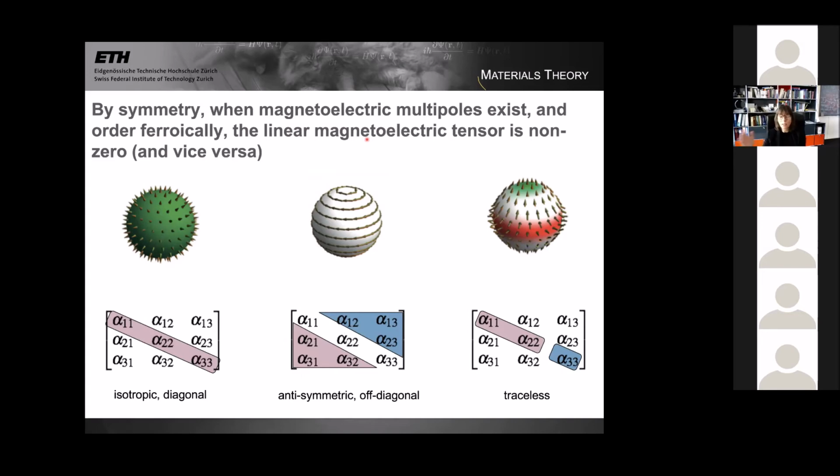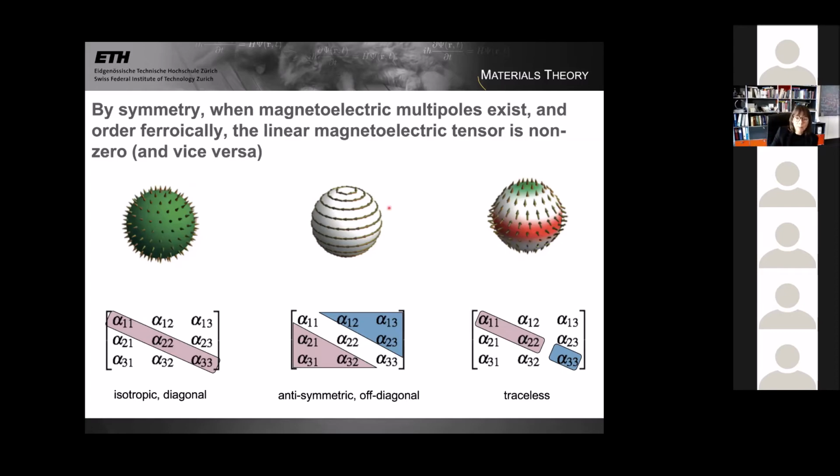And one can even be a little more specific than that and say recognize that if the magnetization texture is entirely of hedgehog form, then the magnetoelectric tensor is isotropic and diagonal. So one can apply a magnetic field in any direction and induce a polarization of the same size, whatever the direction the magnetic field is applied.